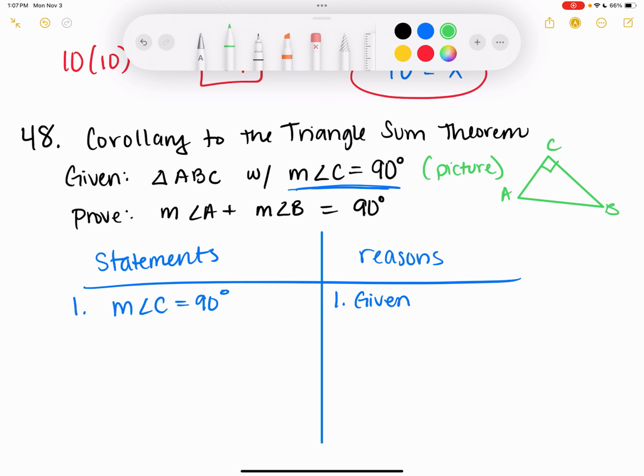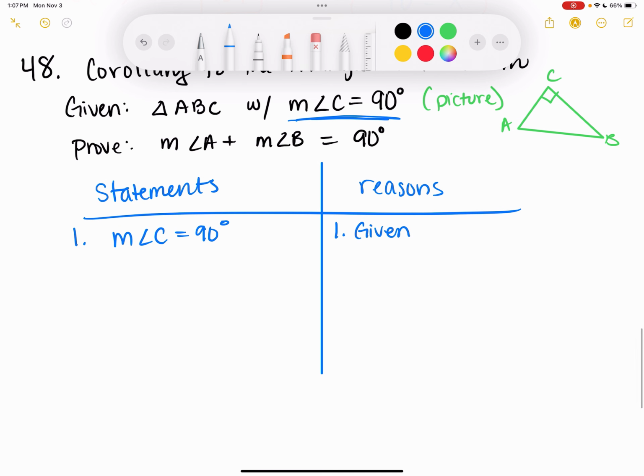What do I know about the angles? Because I'm ultimately trying to prove that the measure of A plus the measure of B is equal to 90. Yep, all of them added together equal 180, so I would go there next.